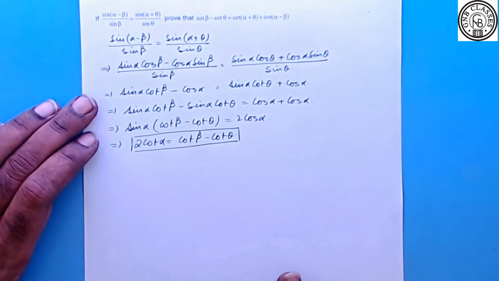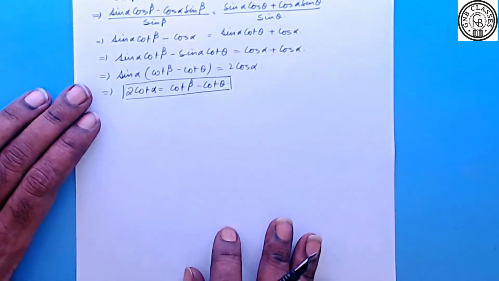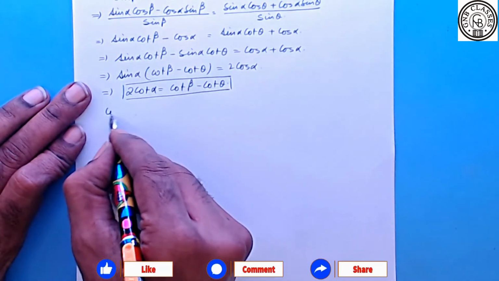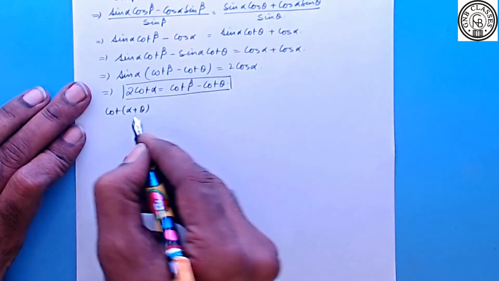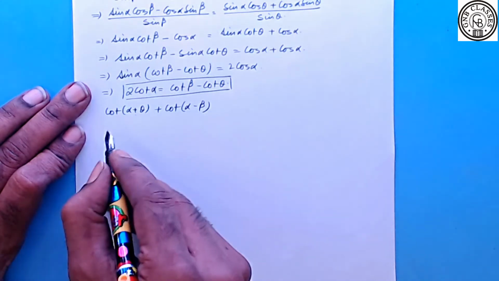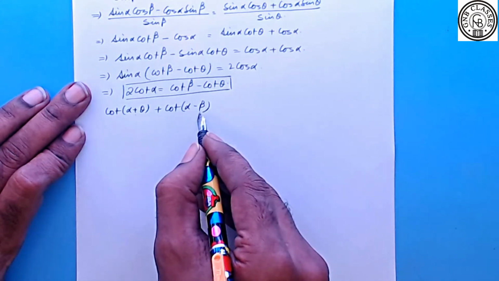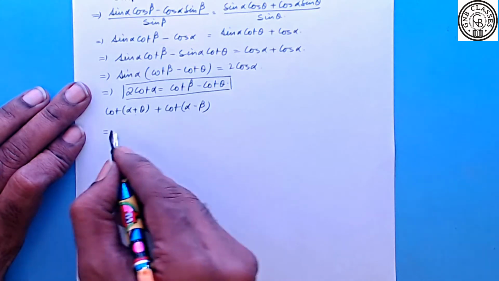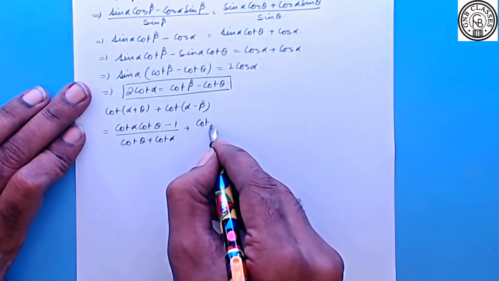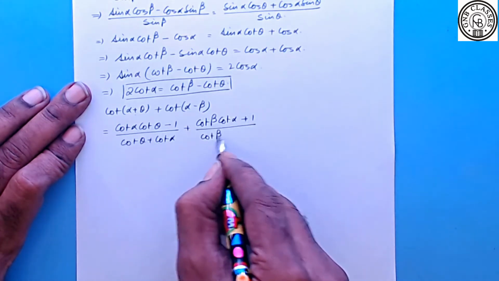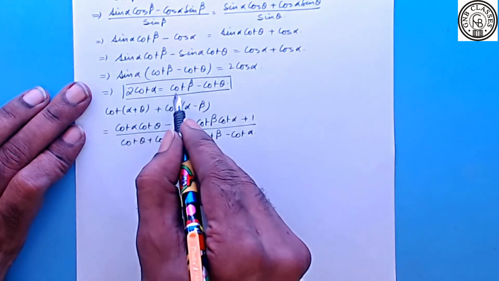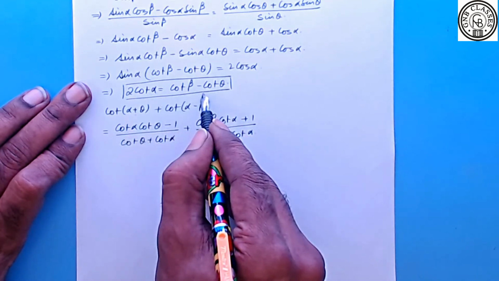Right? Now let us start with the right hand side. Cot alpha plus theta plus cot alpha minus beta. Now let me apply cot A plus B and cot A minus B formula respectively. So we are having, now let me replace cot alpha by cot beta minus cot theta divided by 2.